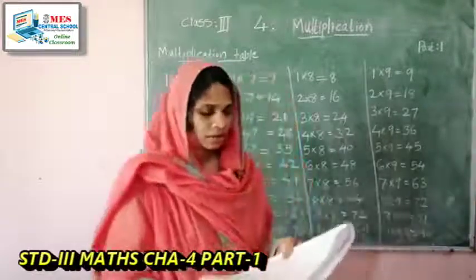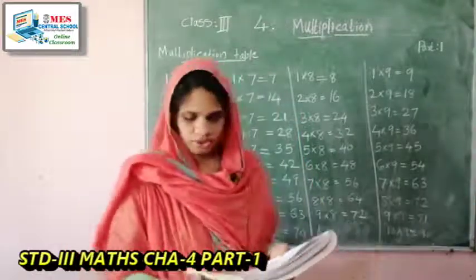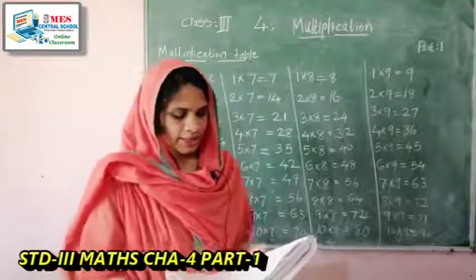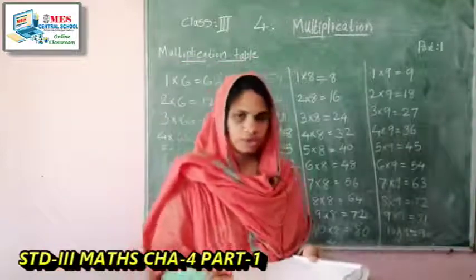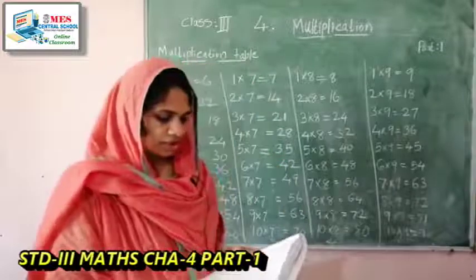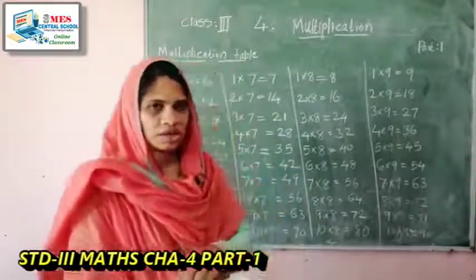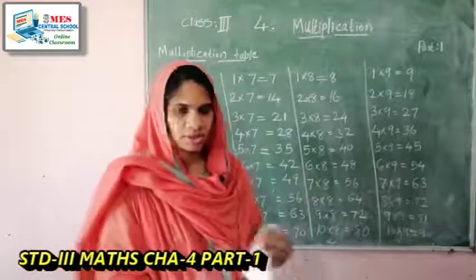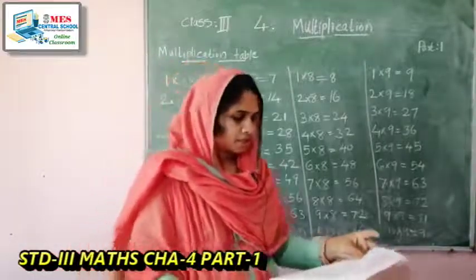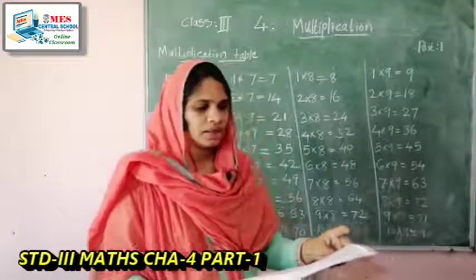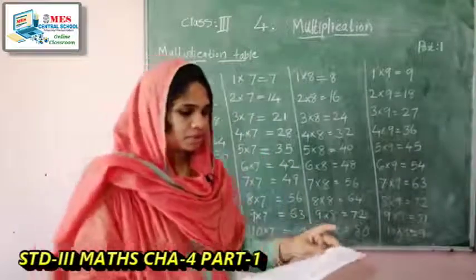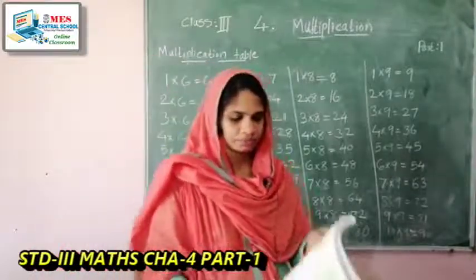Then next, there are some exercise questions in page number 63. Write the product: 2 8 16, 4 9 36. Complete all the exercise questions in your textbook, using pencil.